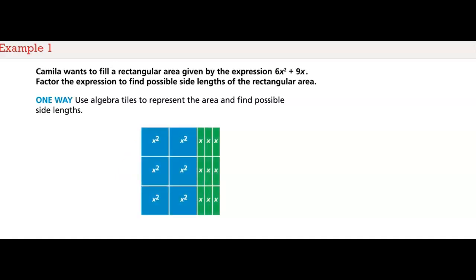Arrange the algebra tiles into a rectangle. The side lengths of the rectangle are the factors of the expression. The possible side lengths of the rectangle are 3x and 2x + 3.